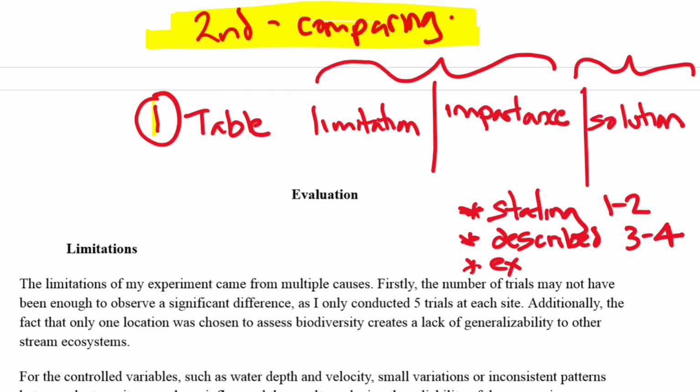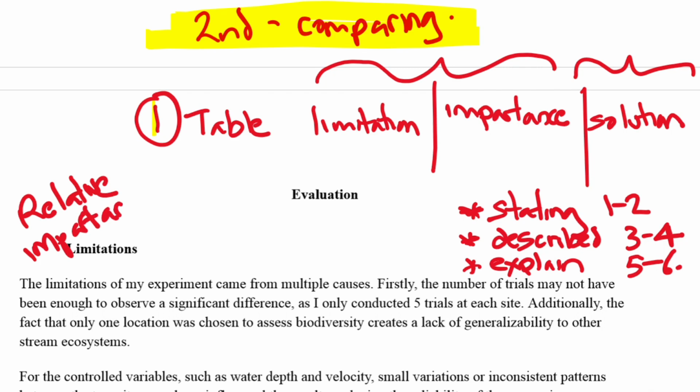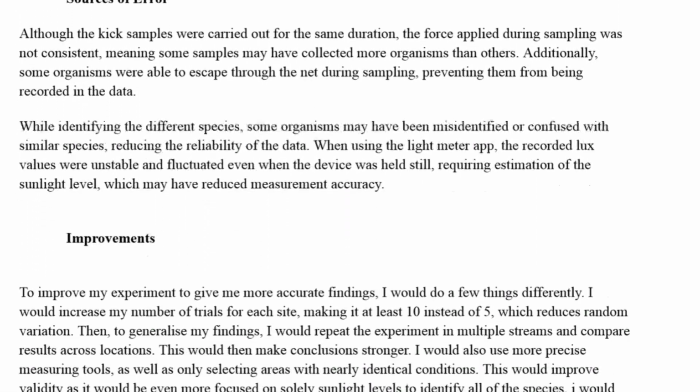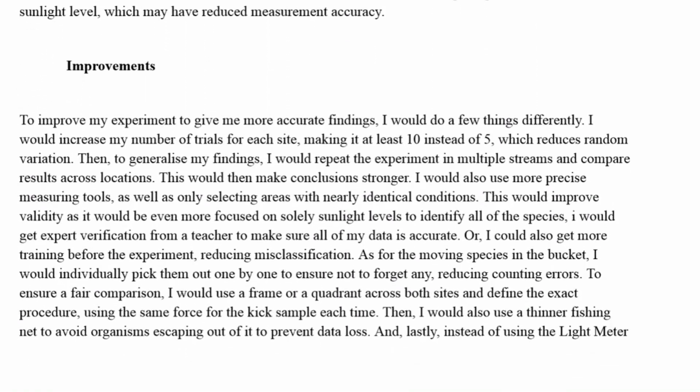If you actually explain the problem and then explain the solution, you're in the 5-6 basket. The final thing you need to do to get your 5-6 is to talk about the relative importance of each of your identified limitations or problems. Once these things are done, you'll have a significantly better IA.